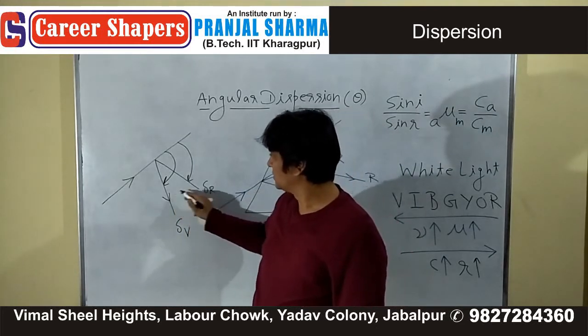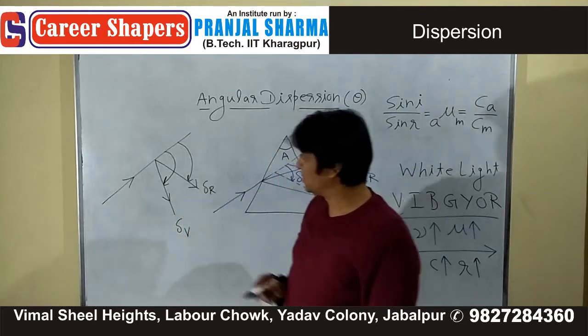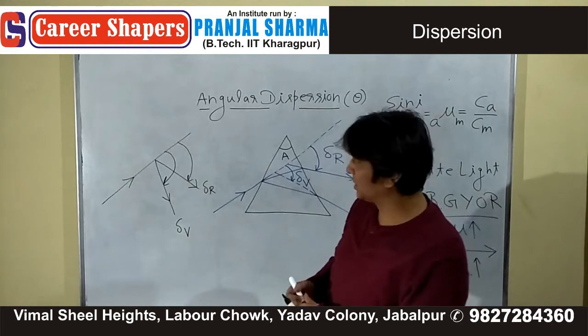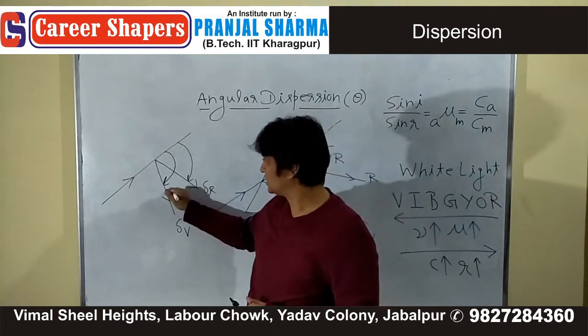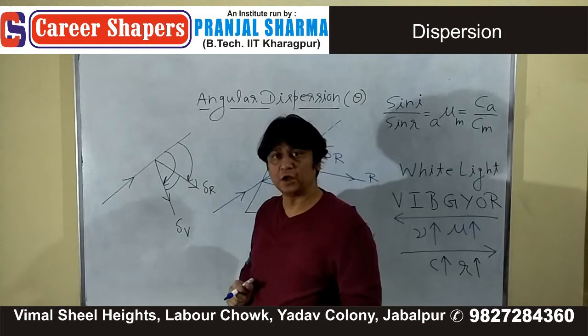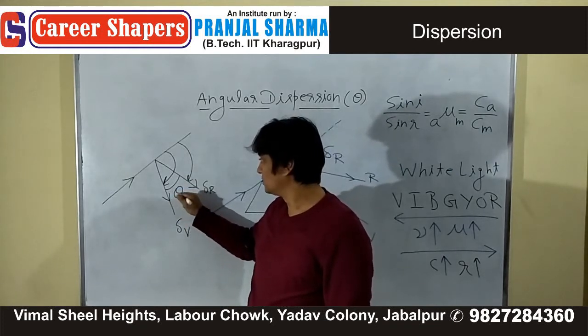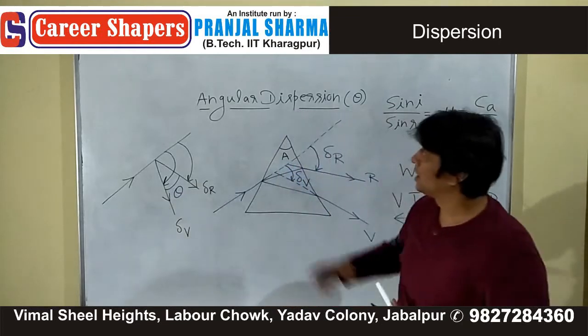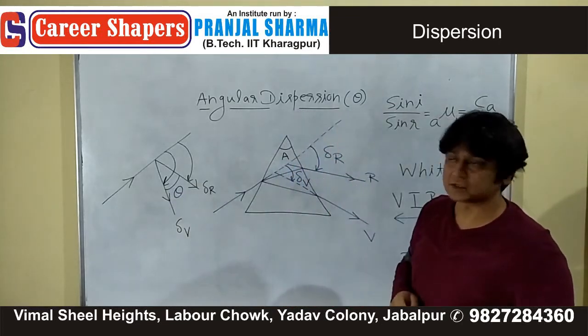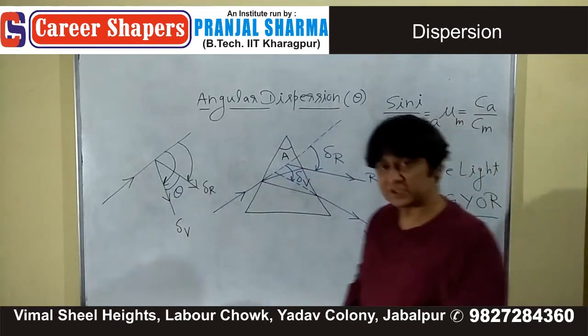These rays, when they finally emerge out, all the colors are present in this angular region. This angular region is called angular dispersion theta, which is something like this.